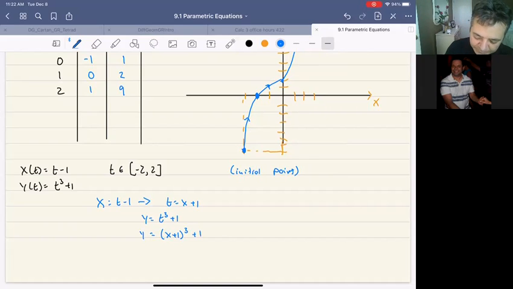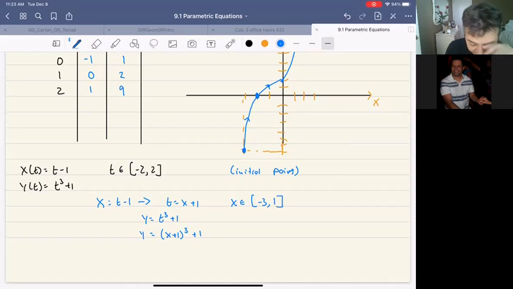Now, t goes from -2 to 2, so that's going to give me x goes from -3 to 1.